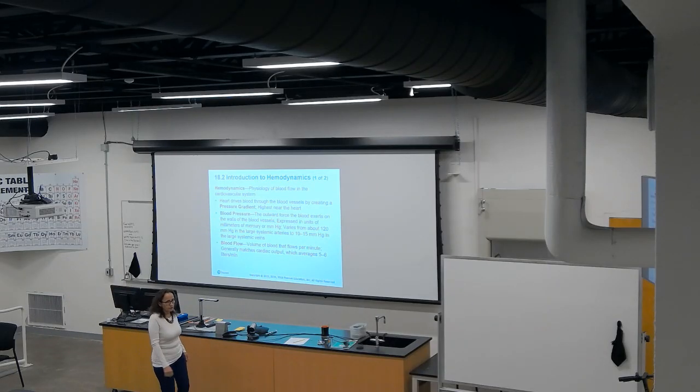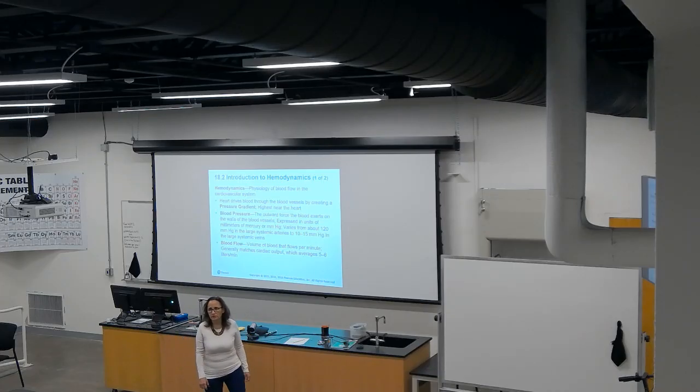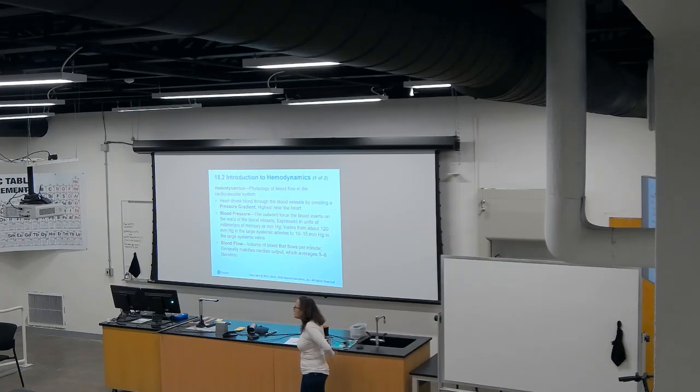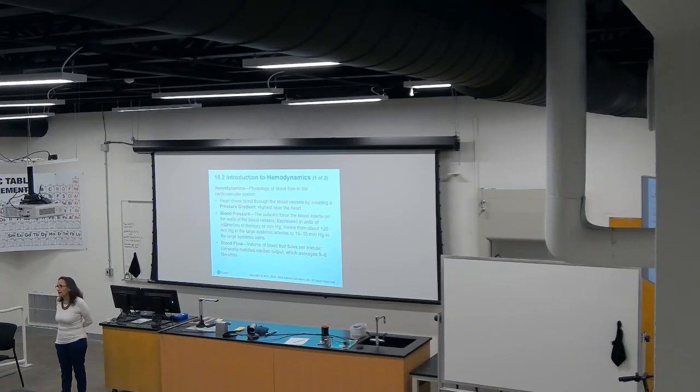Okay, so now let's move into the physiology of the circulatory system, hemodynamics. The blood goes between the systemic circuit and the pulmonary circuit because we have differences in pressure that are highest at the heart. This is called the pressure gradient.